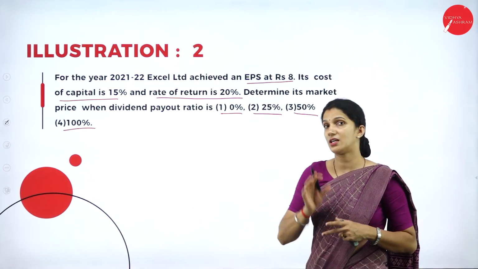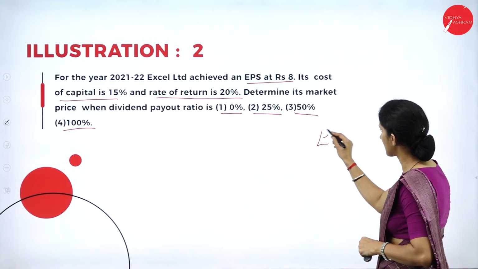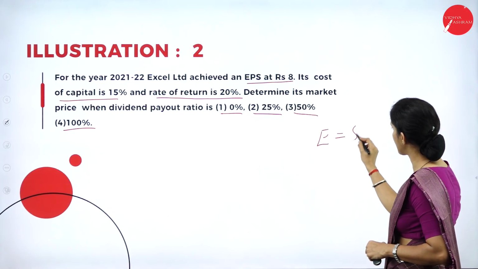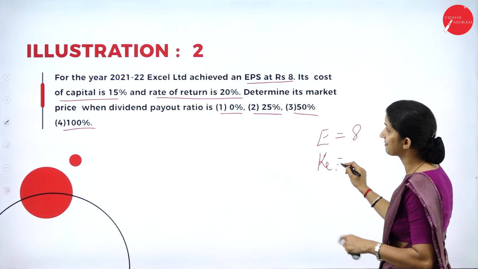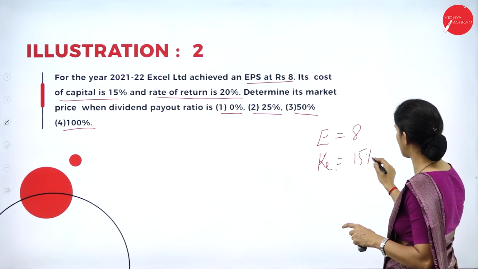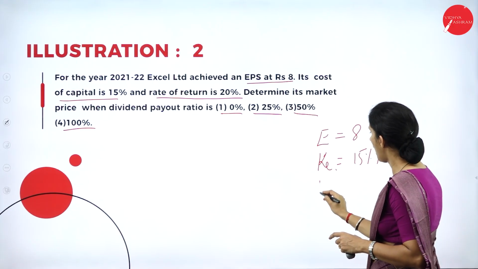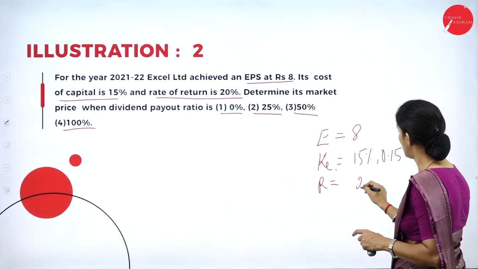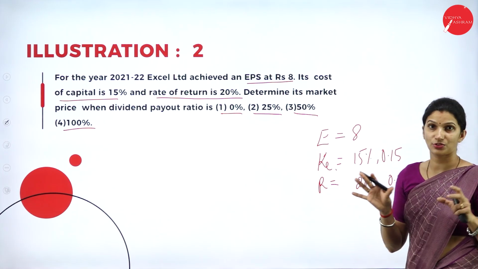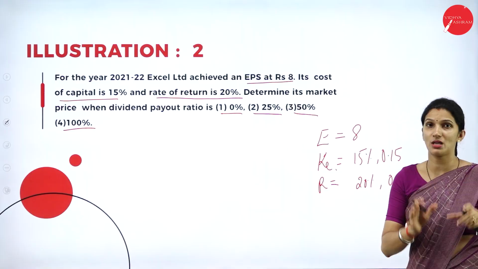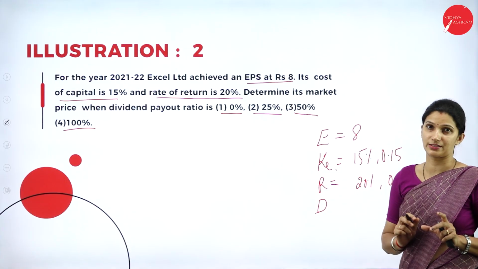So that means here we have 4 situations. Your EPS, that is E, will be the same, that is 8. Then KE, cost of capital, will be the same, 15% or 0.15. Then your R, rate of return, 20%, that means 0.20. These 3 pieces of information are constant, but you have 4 situations. That is your dividend.